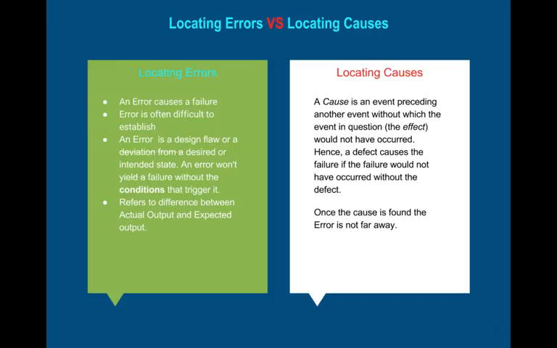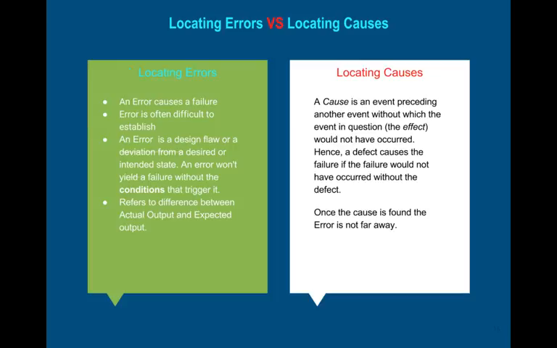An error is a design flaw or a deviation from a desired or intended state, and an error will yield a failure only under the conditions that trigger it. An error refers to the difference between an actual output and an expected output. So the user will put in a certain input and expect an output, but receives a different output, and that is the error.